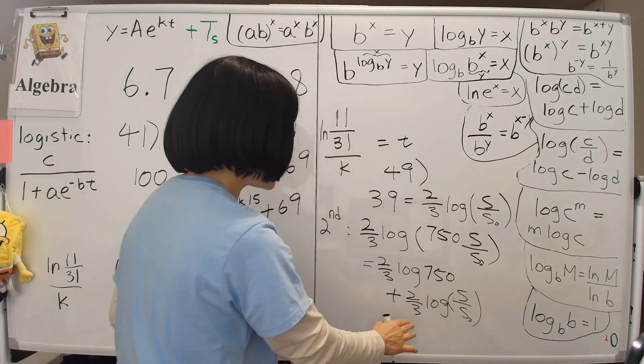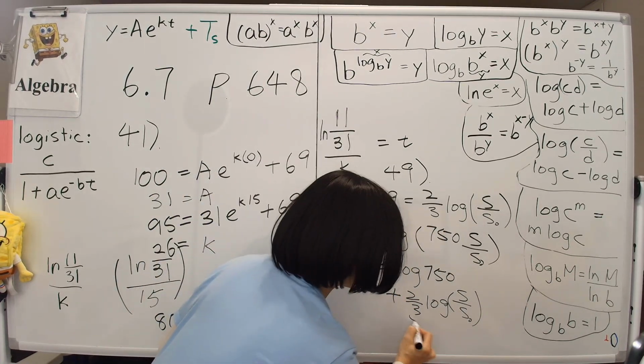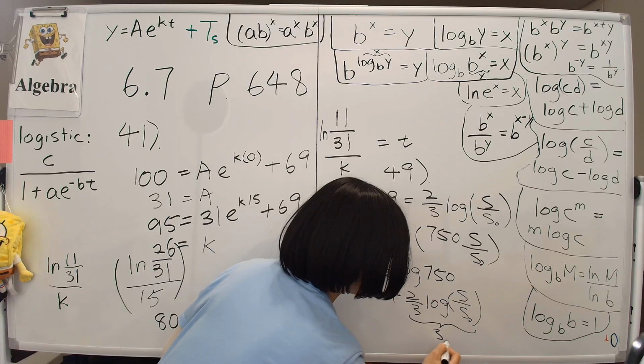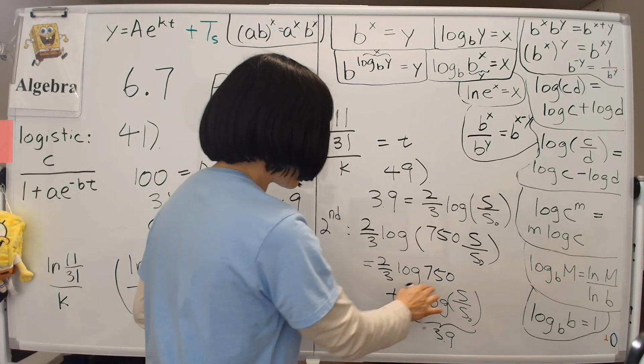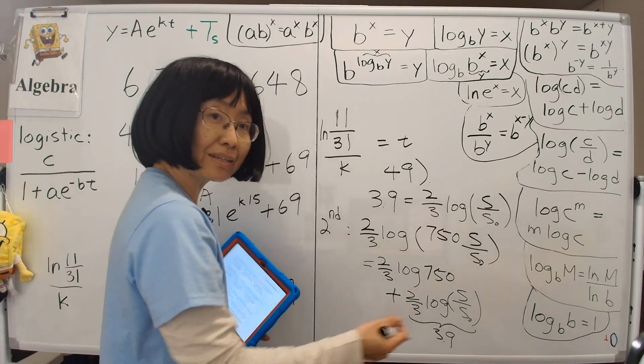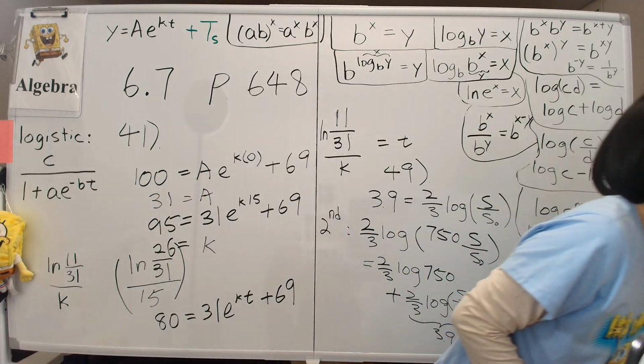Now this part right here is 3.9 as given to us, okay? So this is 3.9, and then this part we can calculate. I mean, we can use the calculator and figure out what all this stuff is. So let's do that.